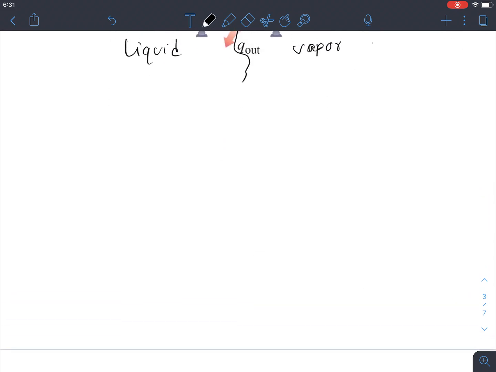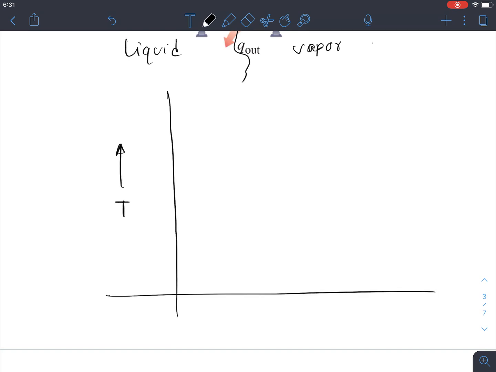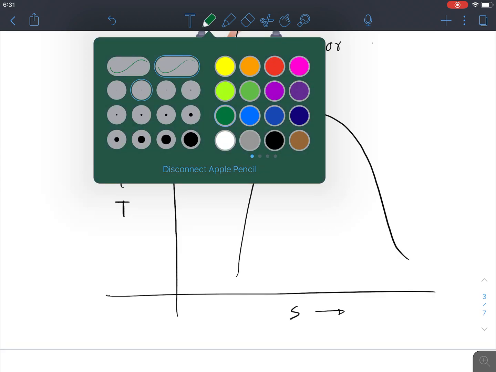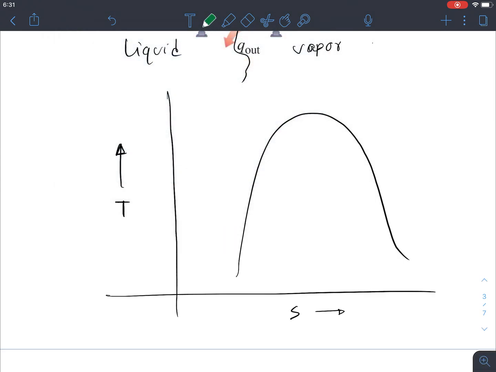So if we write this cycle or process, let me draw the TS diagram first, and then we'll talk about those processes. So the TS diagram will look like this. The first thing is the pump.